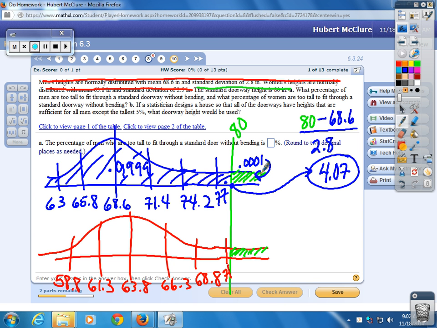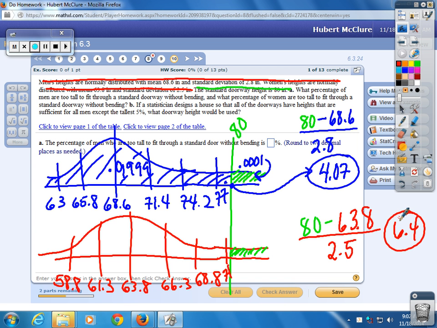All right, so let's do the women. So that'd be 80 minus, I can't see it, what is it, 63 point what? Divided by 2.5. And somebody give me that Z-score. 6.48, which we know is the same as the blue. 0.9999.